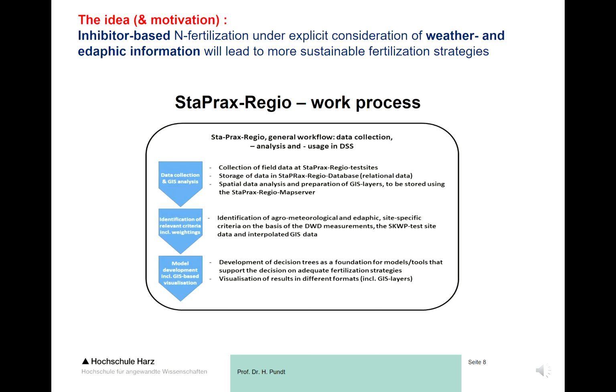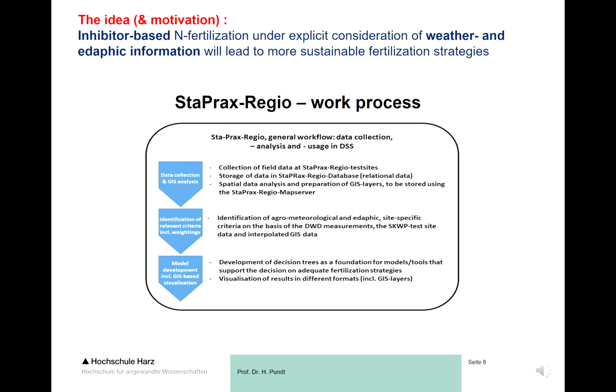And this results in the idea that inhibitor-based fertilization under explicit consideration of weather and edaphic information will lead to more sustainable fertilization strategies. This is a kind of hypothesis of the project, and we are still struggling and discussing this hypothesis, and from this results a work process where we have 3 general phases.